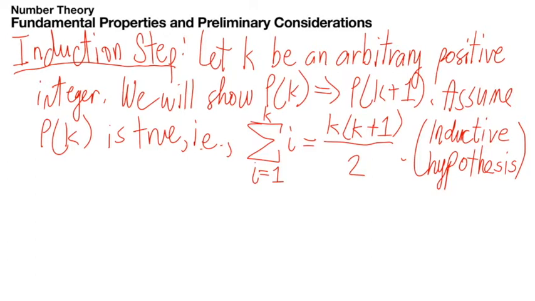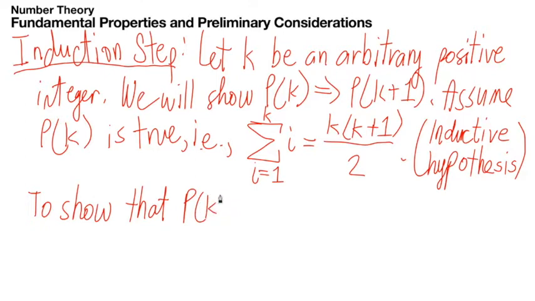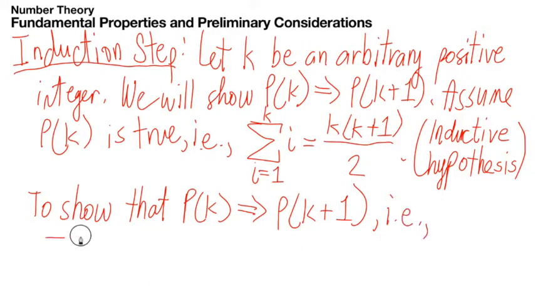Okay, to show that P of k implies P of k plus 1, let's write: that is, we will say that the summation of all i running from 1 to k plus 1.